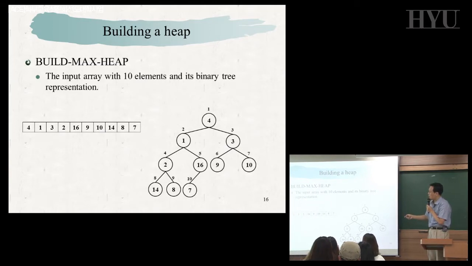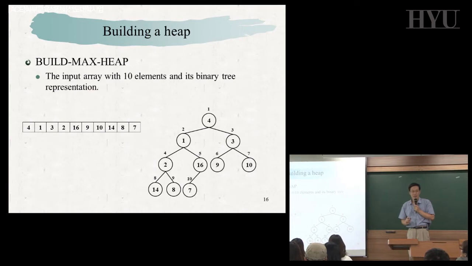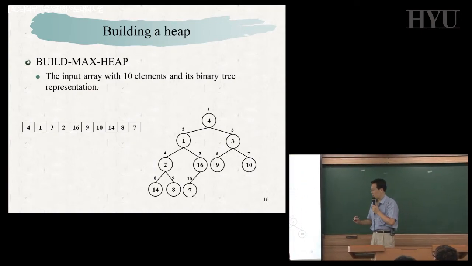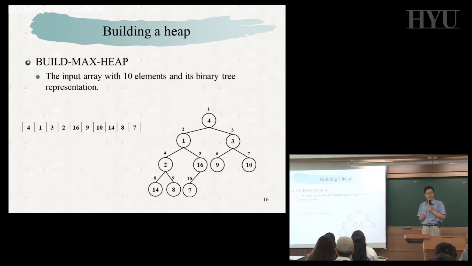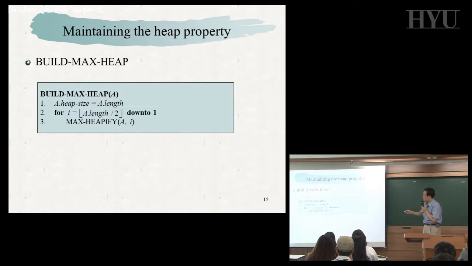This is the array, and its heap tree representation. And the small numbers are indices. So basically, we run max heapify from the bottom to top. That is the meaning of this for loop. From larger indices to smaller indices.